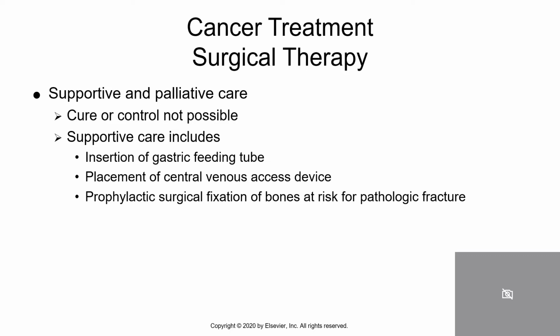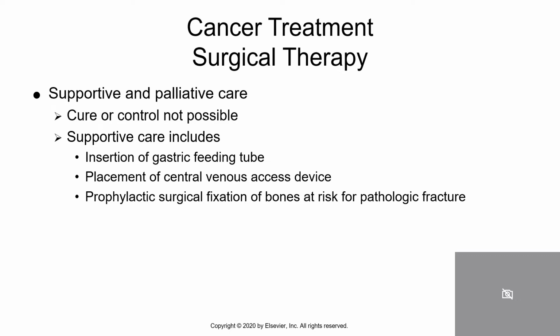Supportive and palliative care is going to happen when there is no cure or possibly not a lot of control in regards to the cancer itself. So supportive care would include insertion of a G-tube, placement of a central venous access device, prophylactic surgical procedures to reduce the risk of bone fractures, things that would maximize how the body is functioning, or things that would help with cancer treatment in and of itself.